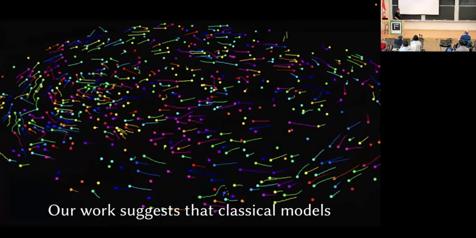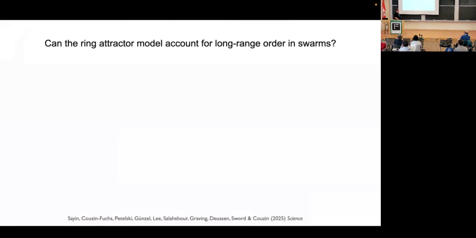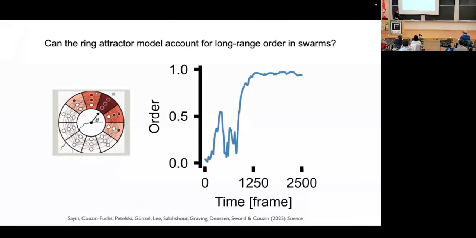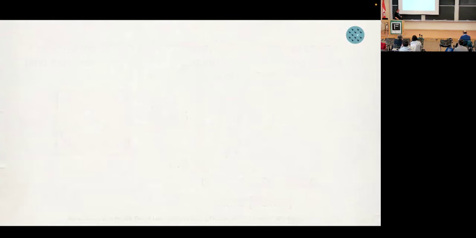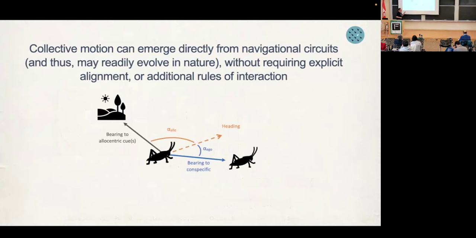And we were then able to do experiments with large numbers of insects within a large imaging environment in Constance to confirm these findings. We can also show that the ring attractor model can account for long-range order, but only if the animals have what's called an allocentric representation, that they need something in their environment to lock their compass onto. And then suddenly collective motion can arise.